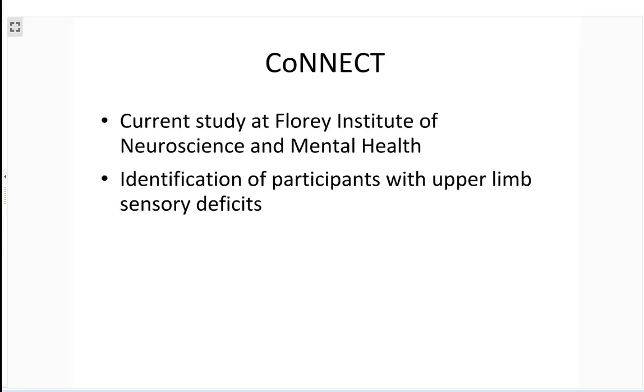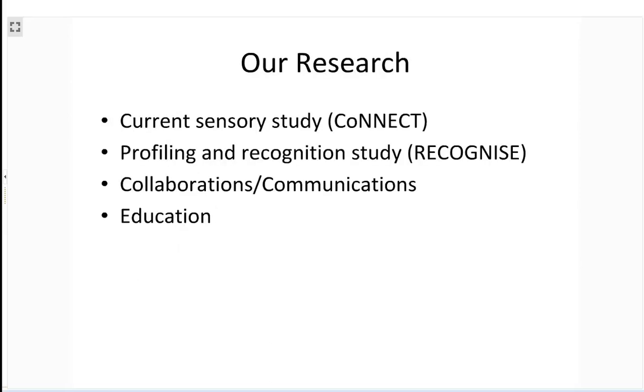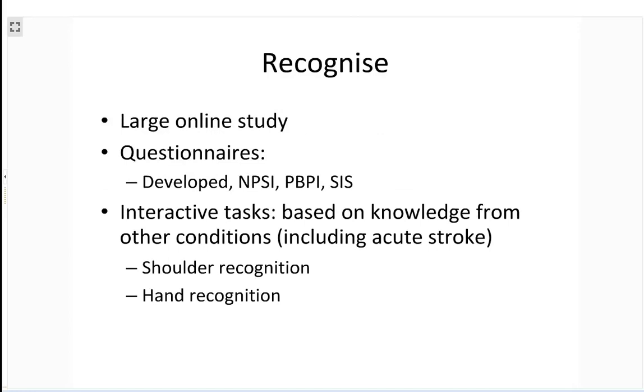The Connect study is a study of people with upper limb sensory deficits that undertake a very structured sensory retraining program, and we've got a number of outcome measures looking at mood, impact of stroke, as well as some pain measures, a battery of sensory stuff, and body laterality, which I'll talk about in just a sec, complemented by functional MRIs.